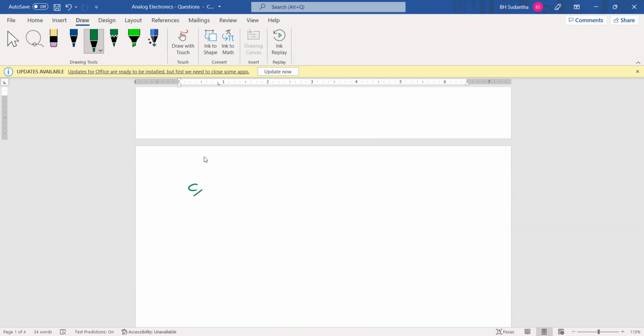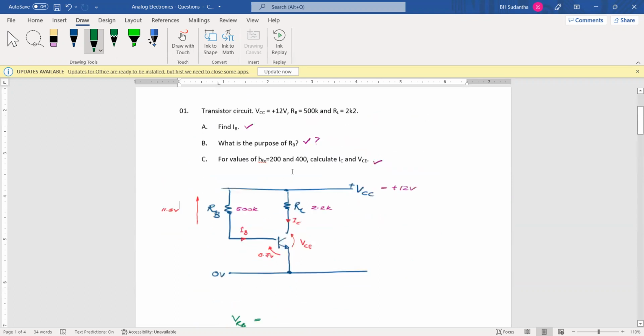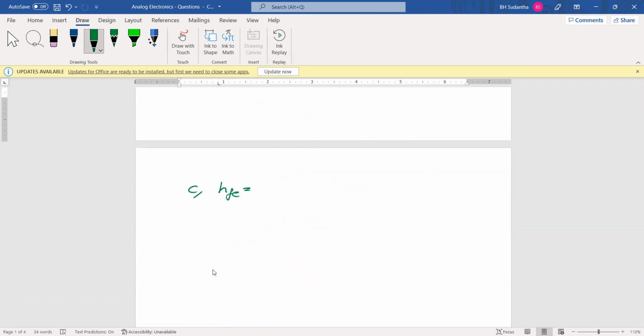Part C. We see that we have two HFE values. First HFE is 200 and 400. 200, and for 200 we have the IB value. Then we have to calculate the IC value.